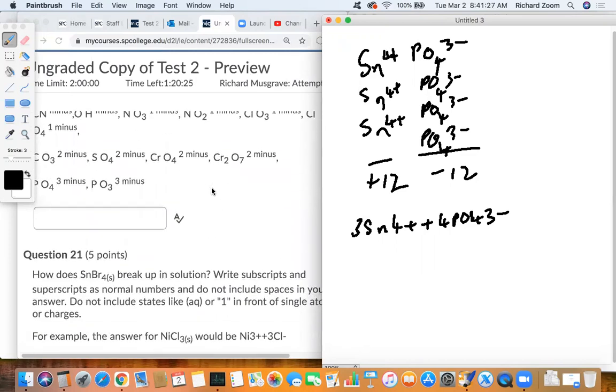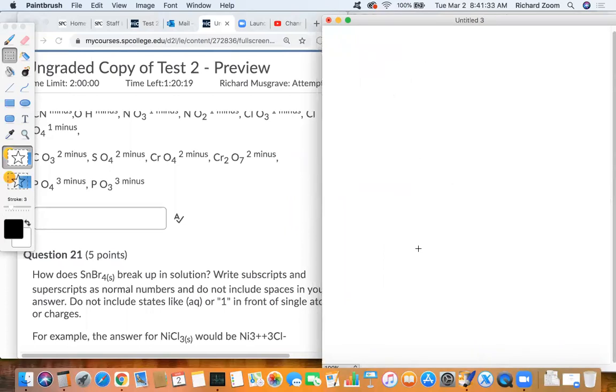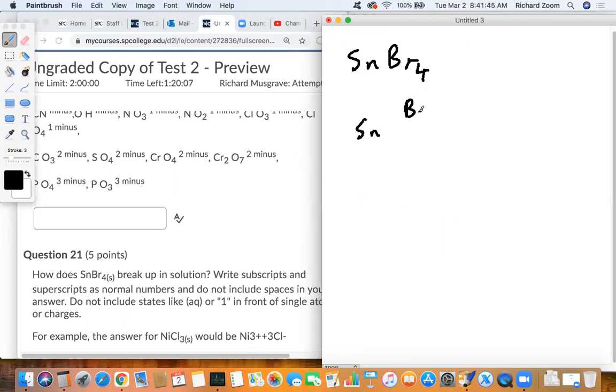Okay. SnBr4 is going to be 1 Sn and then 4 Brs, which is going to be negative 4.